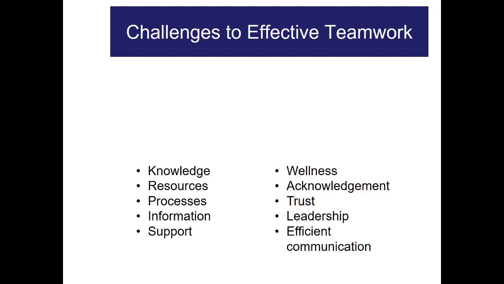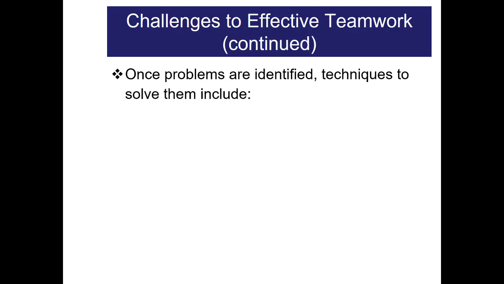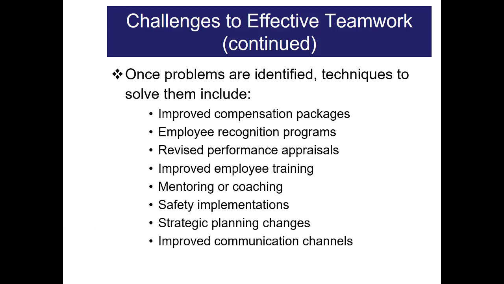What are some of the challenges to effective teamwork? Knowledge, resources, processes, information, awareness, acknowledgement, trust. These are some of the key areas in human performance analysis that they use in order to take away some of the challenging parts. Once the problem is identified, techniques to solve it include the following. Improve compensation packages.